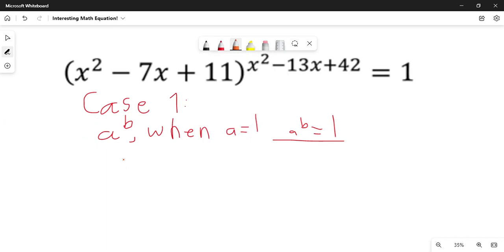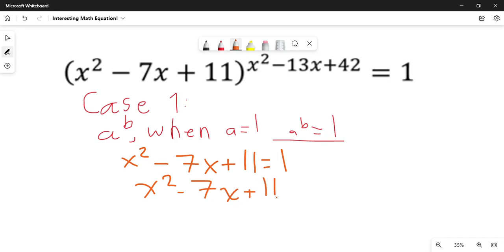x squared minus 7x plus 11 equals 1. We can subtract 1 on both sides and get x squared minus 7x plus 10 equals 0.